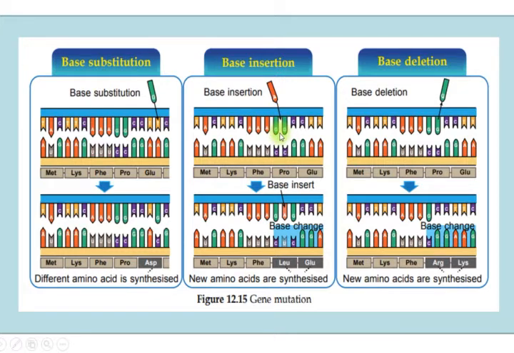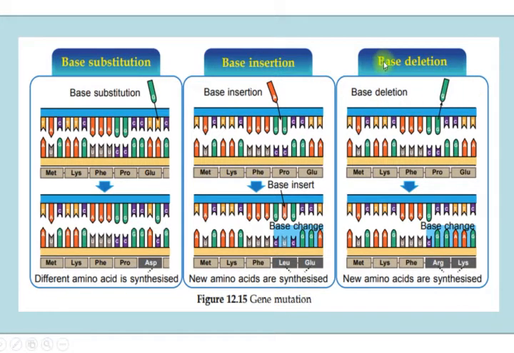The original one has no adenine base here, but in the new sequence, the base is inserted here, and it will cause the production of a new amino acid. This is the original one, and this refers to the new amino acid. So the new amino acid is synthesized and produces a new protein structure, which also cannot function.